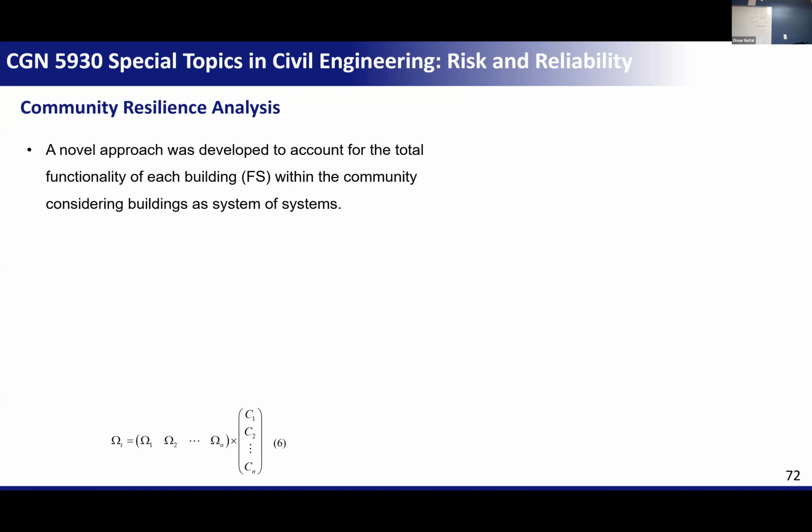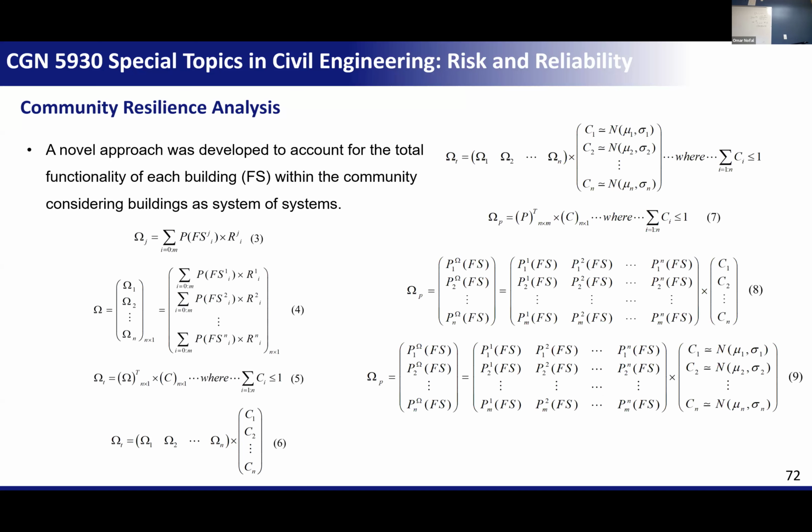And if you come up with what is most important to you, we can do some analysis that can tell you what is the total functionality of your house, if you were able to come up with the functionality weight of each one of these systems. And also we can do it probabilistically, like let's say everyone is different. We can say that the functionality depends 50% on physical damage.